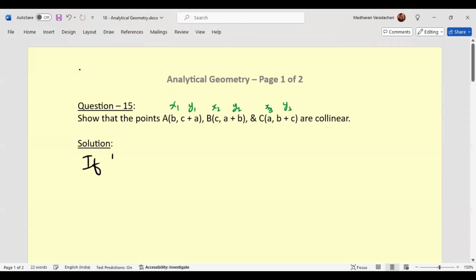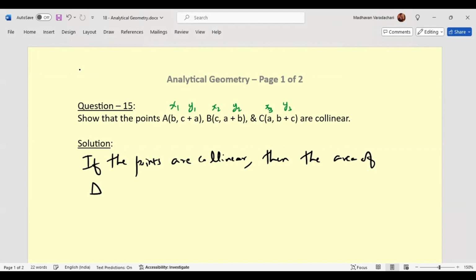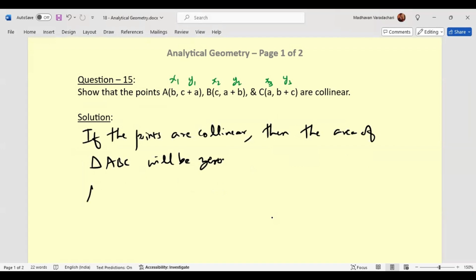If the points are collinear, then the area of triangle ABC will be 0. Means it cannot form a triangle if it is in a straight line. Collinear in the sense straight line. So let us check the area.